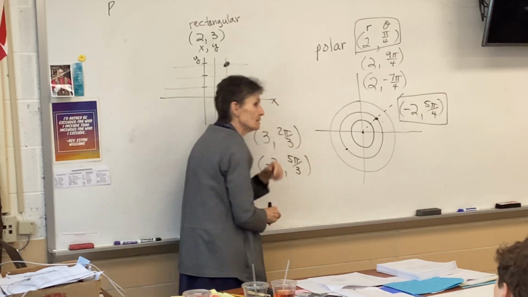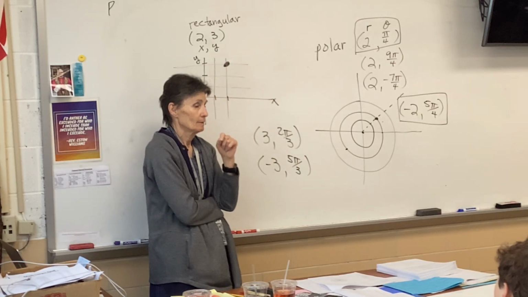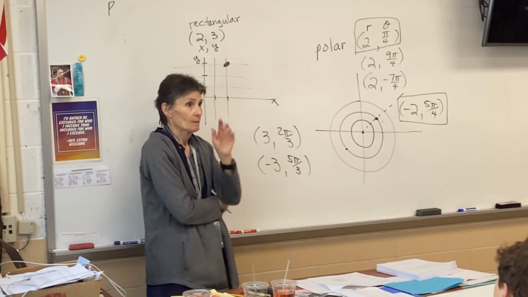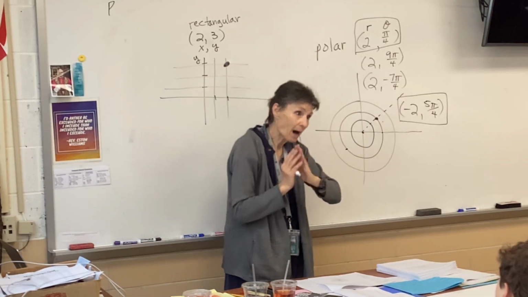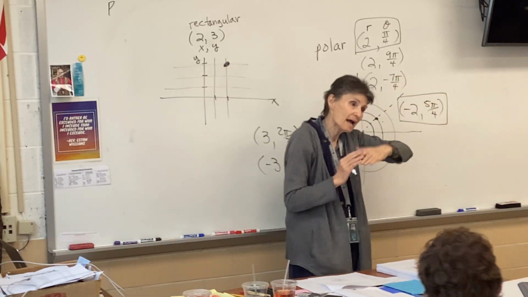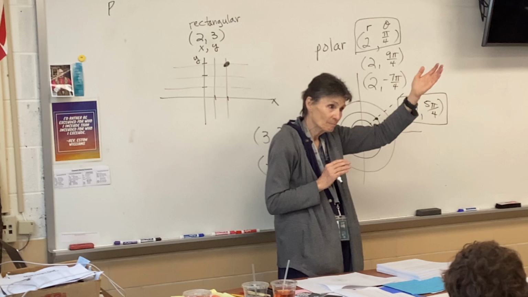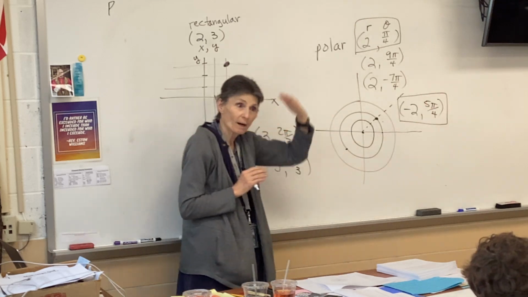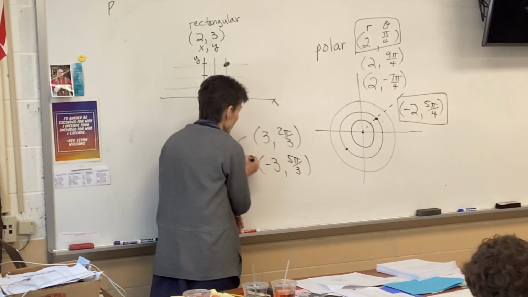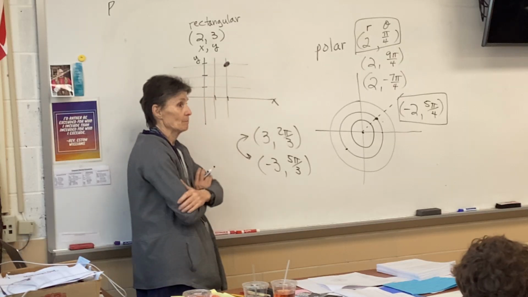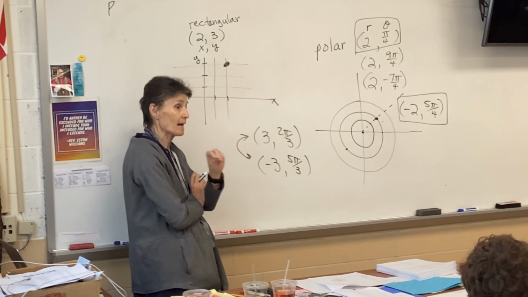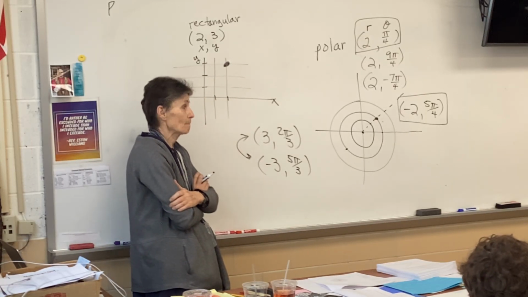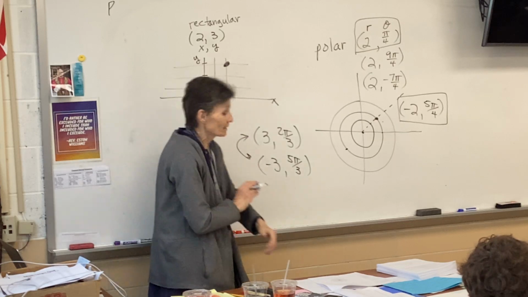How did Quinn do that? Exactly. The opposite side of the circle is how much? Pi radians? So he said, I'm just going to add pi to it. These 2 points are exactly the same. They would be plotted in exactly the same place. I know, it's a little mind-blowing.